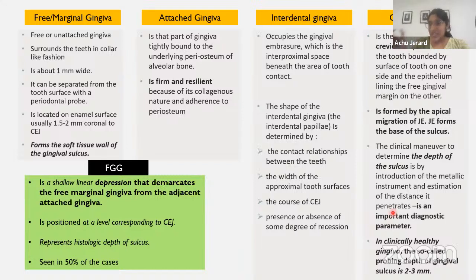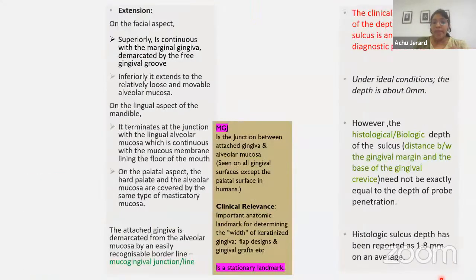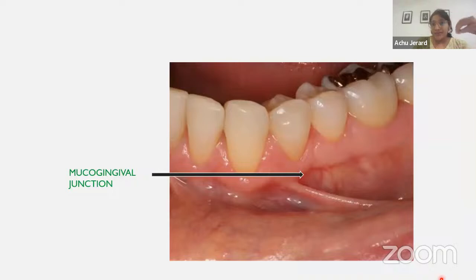It can change with the clinician, the force with which we probe, the diameter of the probe and things like that. But it is generally considered to be 2 to 3 mm. So this is considered a normal probing depth. Anything beyond this would be considered a kind of diseased condition. Okay. So this is about the macroscopic features or the parts of gingiva.